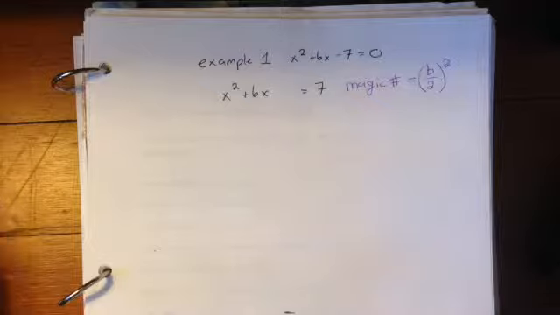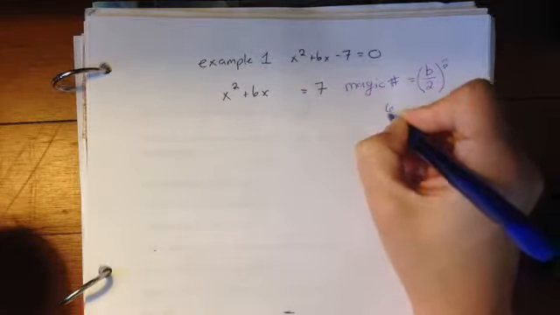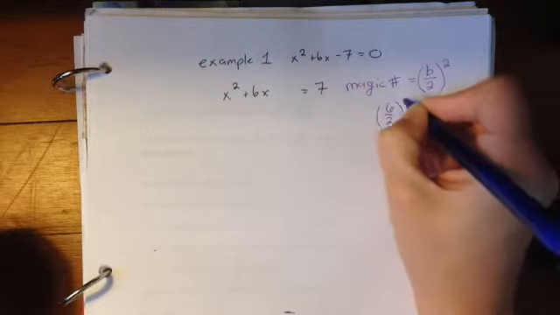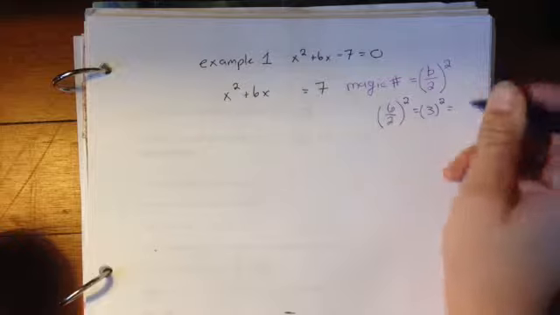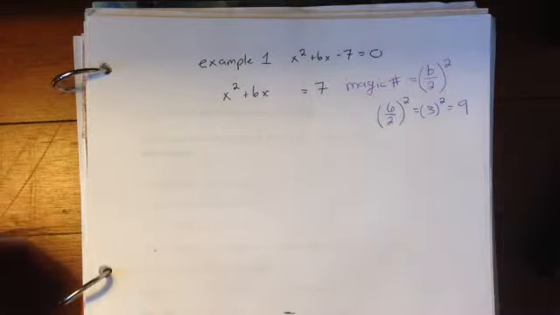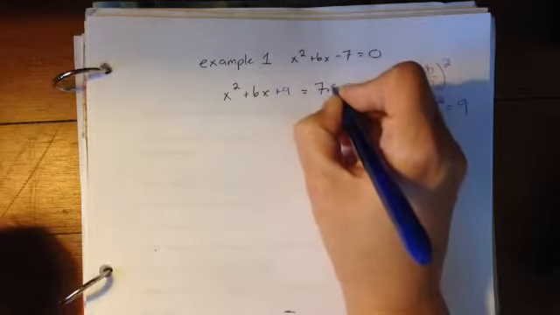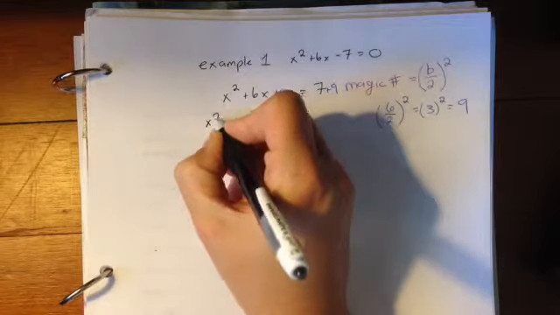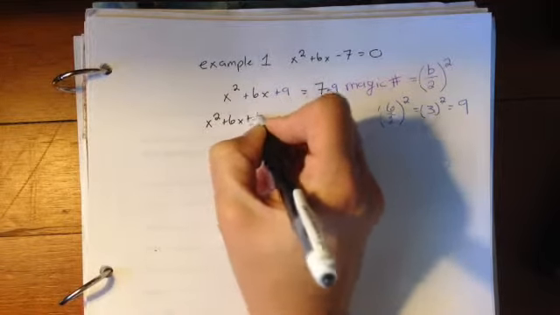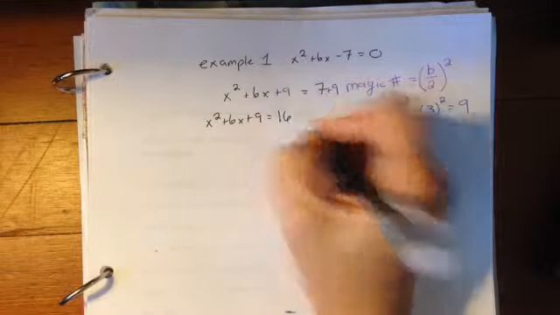So for our situation, the magic number is going to be 6 divided by 2 and then squared, which is 3 squared, which is 9. So that's the number that we're going to add to both sides of this equation. And that gives me x² + 6x + 9 = 16.